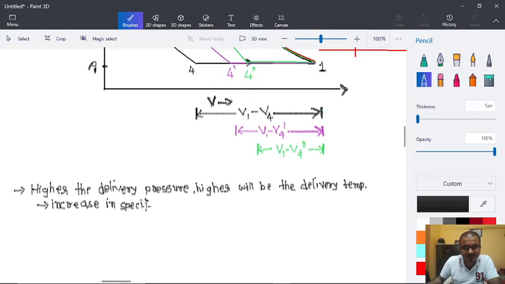The meaning is that the compressor size will increase because it has to handle more volume of compressed air at higher temperatures, and this will further require heavy working parts.